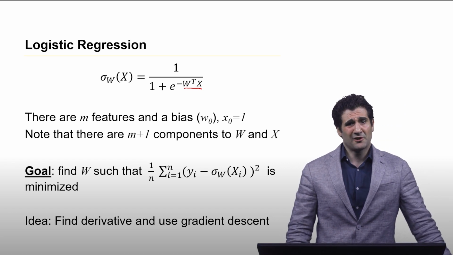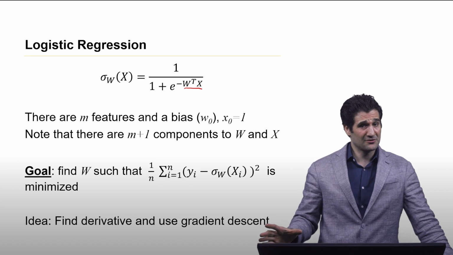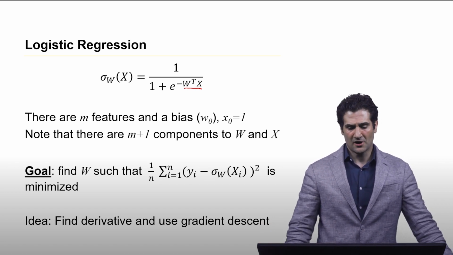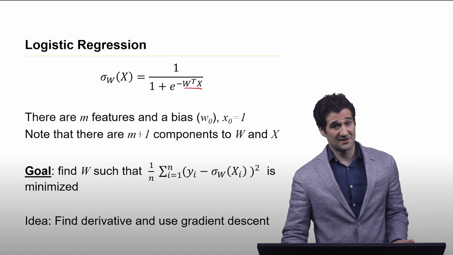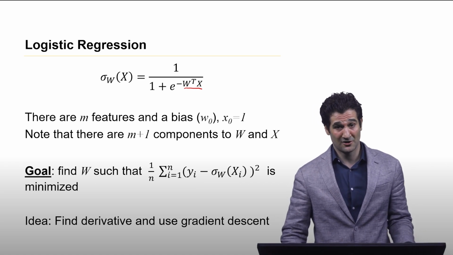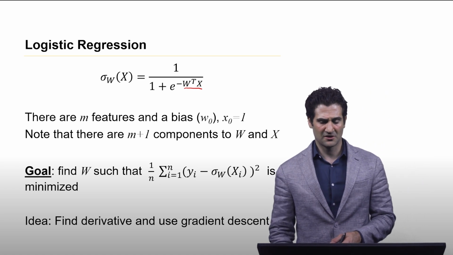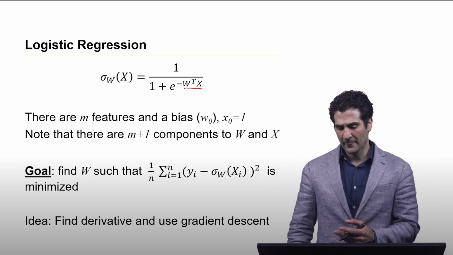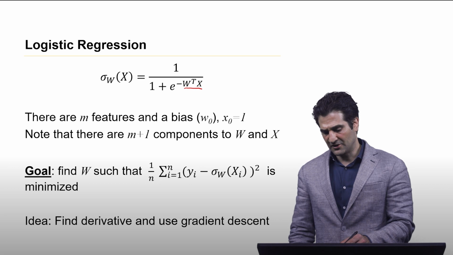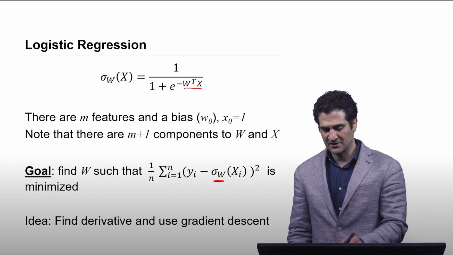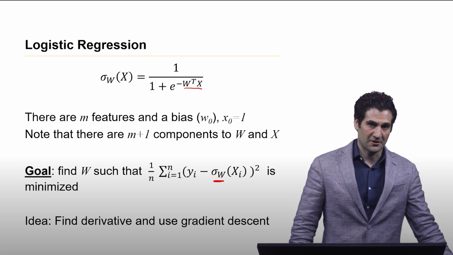And just like with linear regression, the whole idea is we just want to find a w such that this loss function is minimized. And this is the same loss function that we've been using all along. It's just a sum of the error squared. The only difference is, now we have this logistic function here.